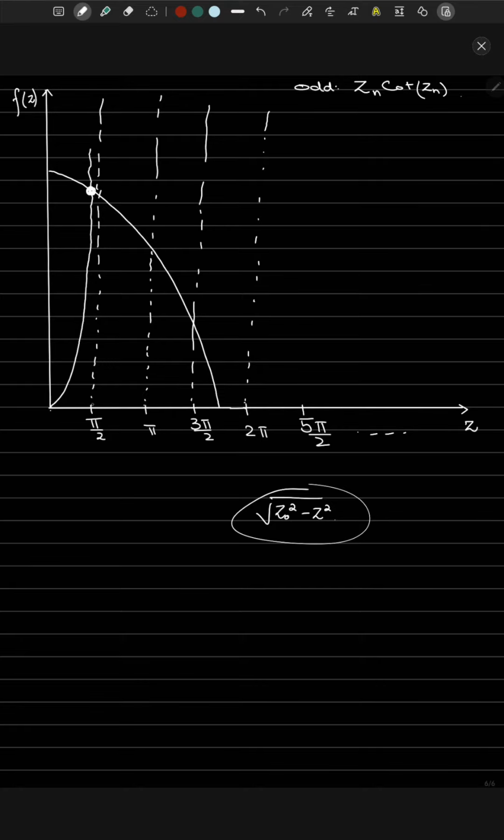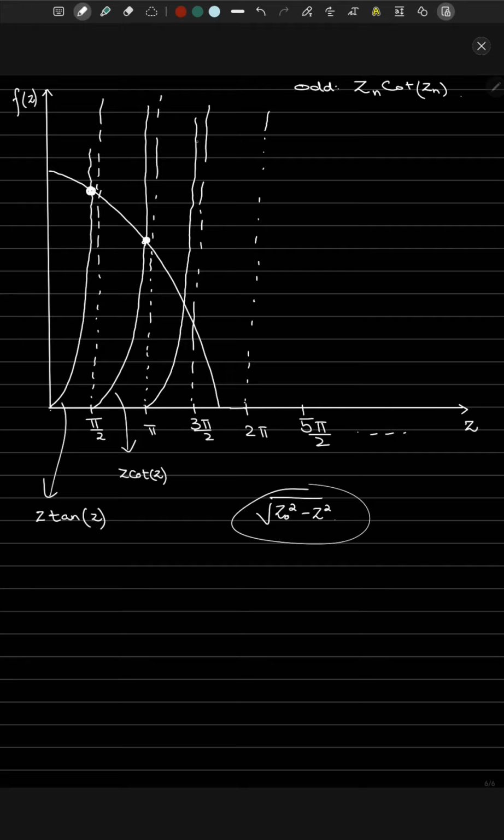So this curve is for z tan of z, while the next curve is for z cot of z. And again the next one would be for z tan of z. So you get the point. The same pattern continues on and on.